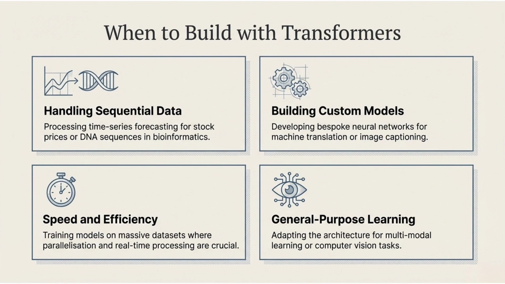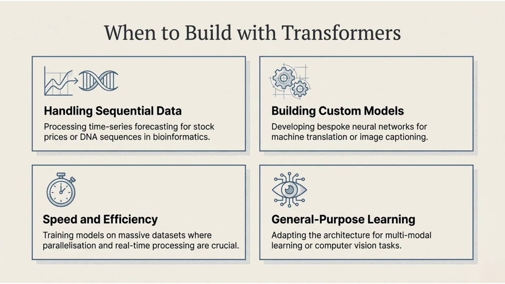Transformers are a neural network architecture designed to process sequential data efficiently. They are used when working with time-based or ordered information such as text, stock prices, or biological sequences. Transformers allow parallel processing, which makes training faster on very large data sets.